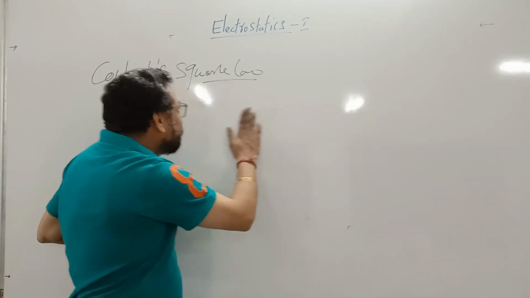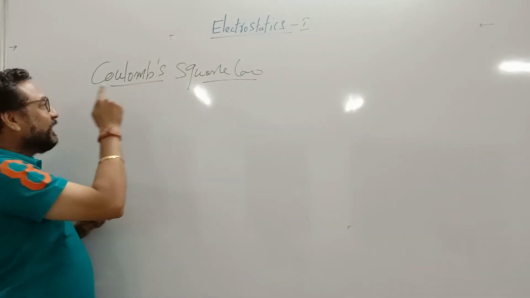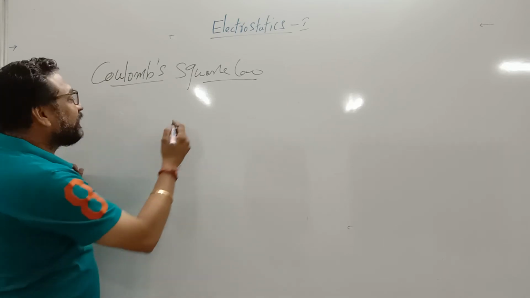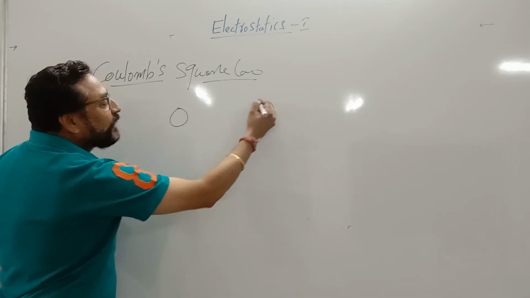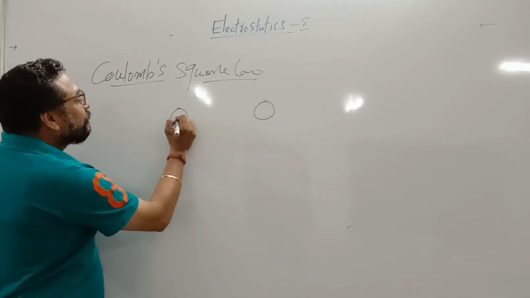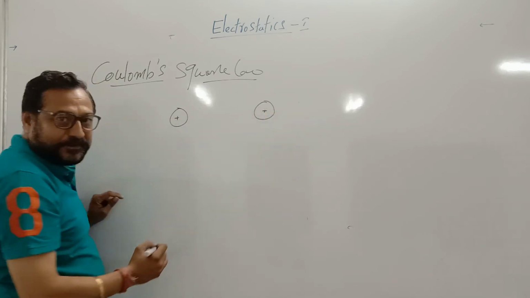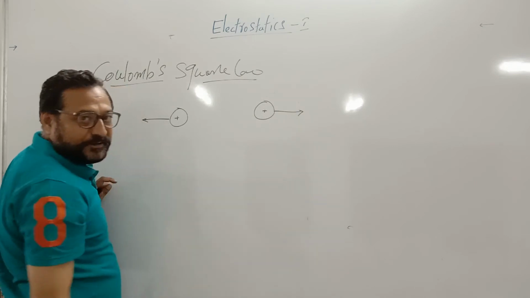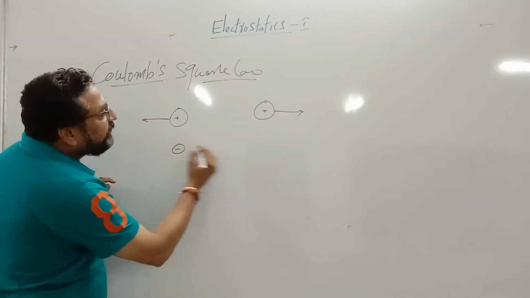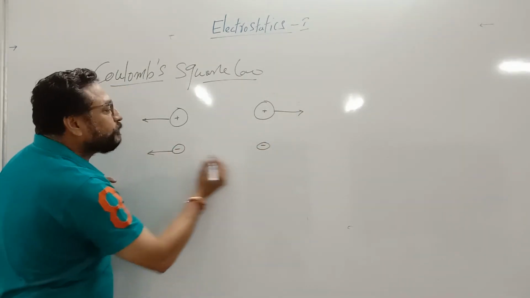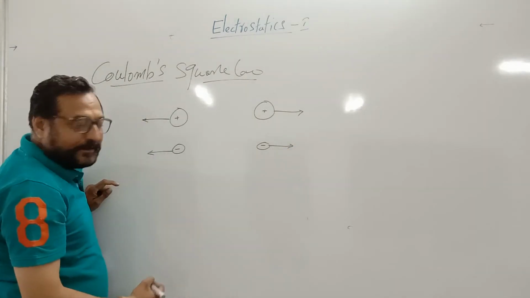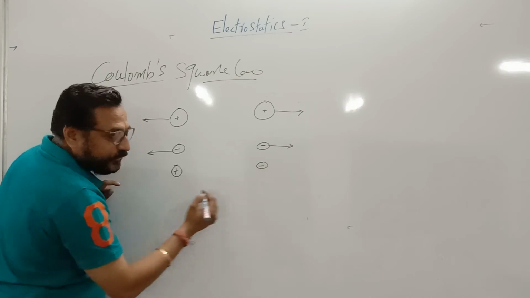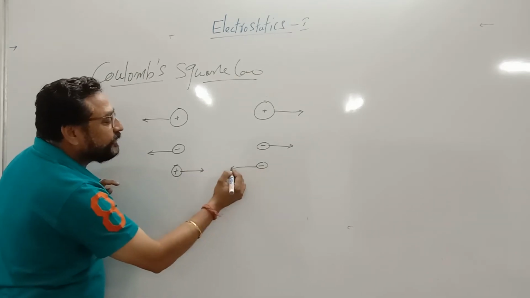But there is no nature of mass involved. In relation to electrostatics, in Coulomb's inverse square law, the nature of the charge is more important. If both the charges are positive, they repel each other. If both have negative charge, again they repel each other. And another time, one positive and one negative, then they attract each other.